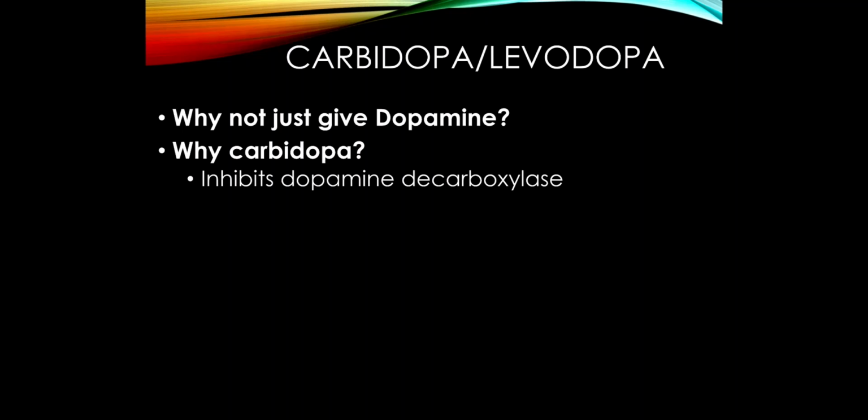Okay, and so if we didn't give carbidopa with it, the levodopa would immediately get broken down into dopamine, and the dopamine then would stimulate areas in the brain that lack a blood-brain barrier and would cause intense nausea and vomiting. So the carbidopa allows the levodopa to cross the blood-brain barrier, get into the striatum, and there it gets converted into dopamine, and it does all of its positive things to help the patient move again.